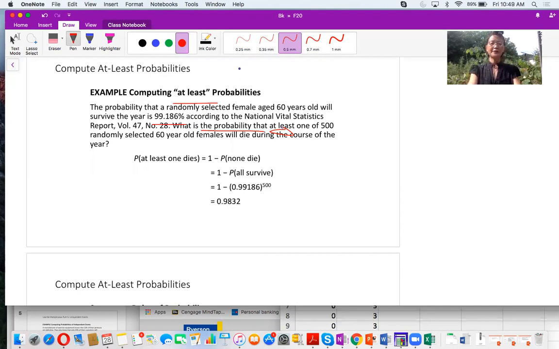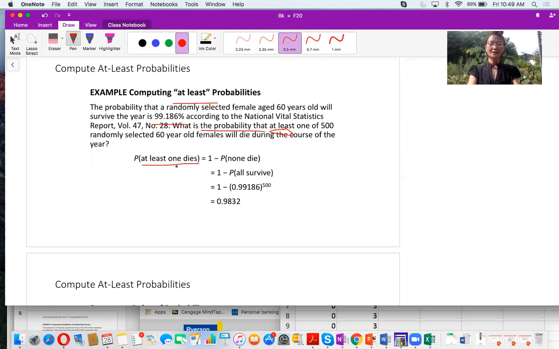When you have a question about at least probability, the question asks, what is the probability at least 1 dies? You find the complement event of at least 1 die. The complement event, or the opposite event, of at least 1 die is nobody dies.